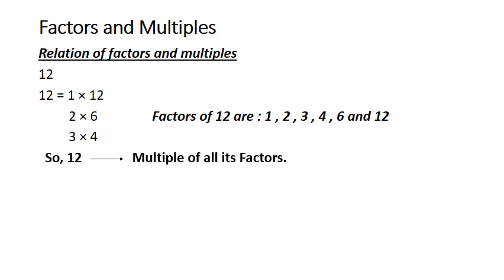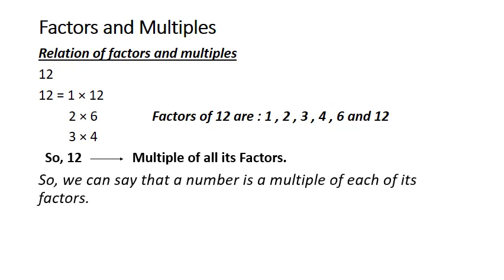Now, if you see that the factors of 12 are 1, 2, 3, 4, 6 and 12, the same way 12 is a multiple of all its factors, means 12 is a multiple of 1, 12 is a multiple of 2, 12 is a multiple of 3, 12 is a multiple of 4, 12 is a multiple of 6 and 12 is also a multiple of itself, means the number itself, 12.